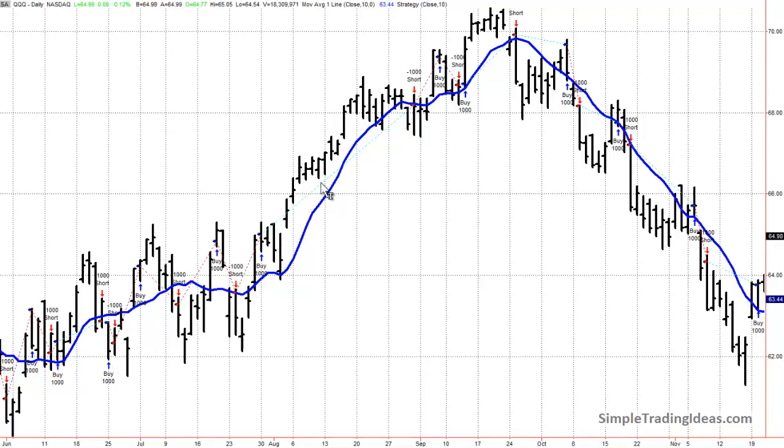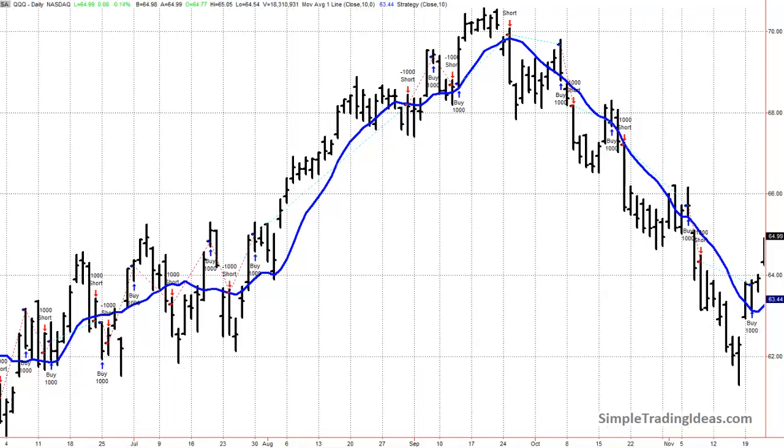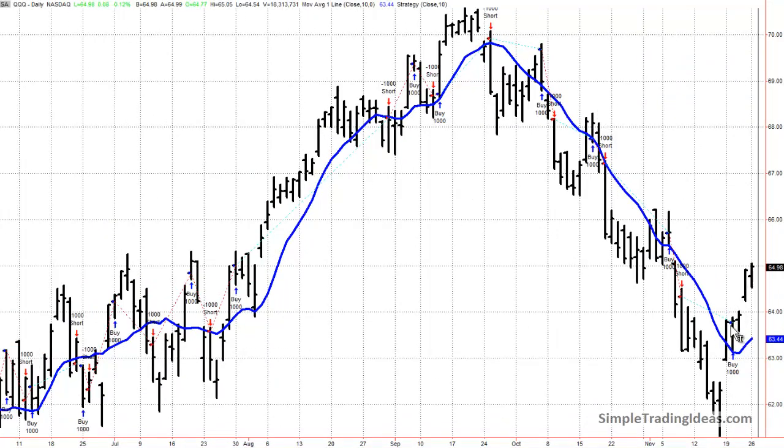You can see back here we jump back into a trend, and we end up here long and still currently long at this particular point.